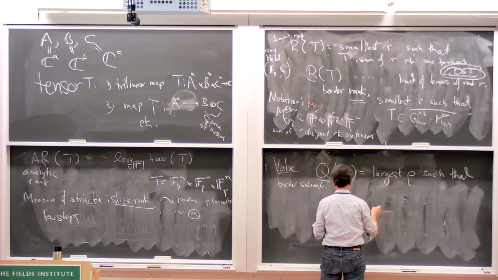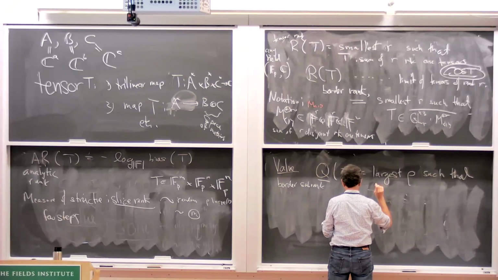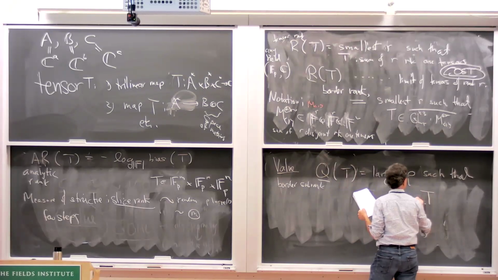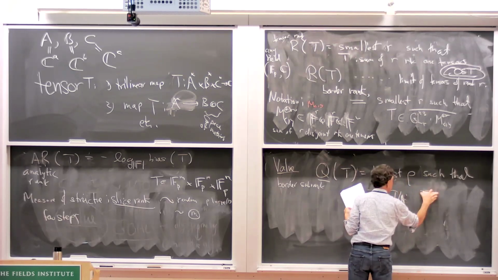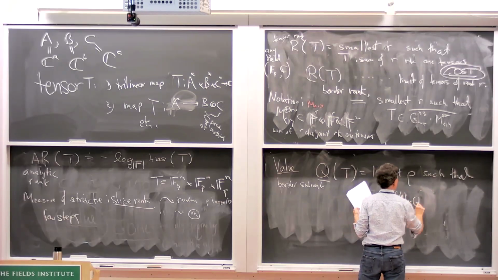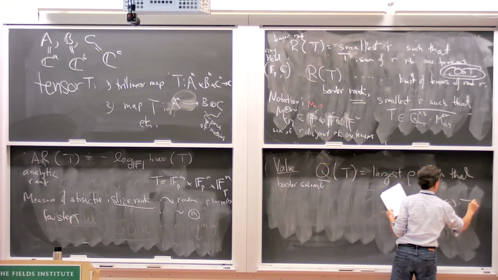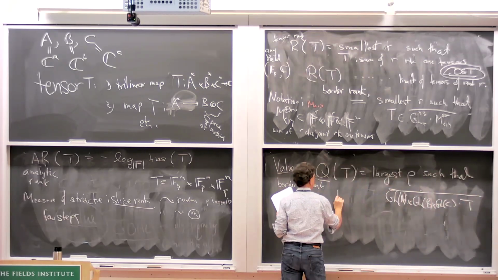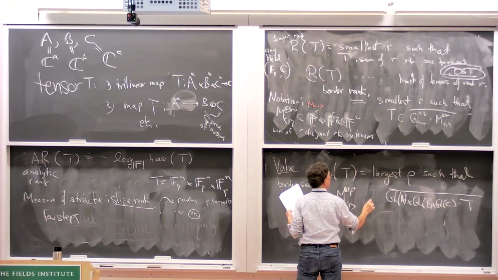This is the largest row such that I can degenerate my tensor and get a copy of row dollars back.